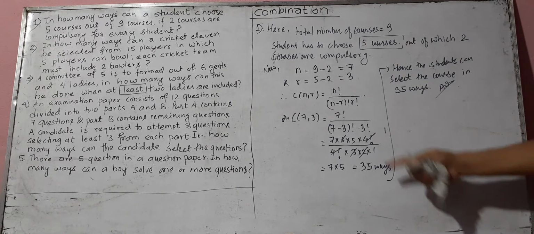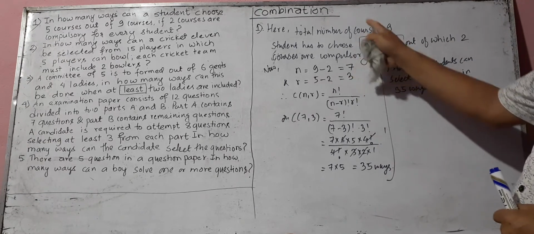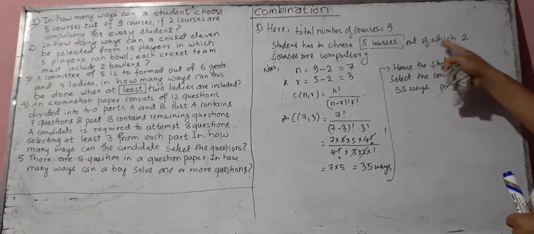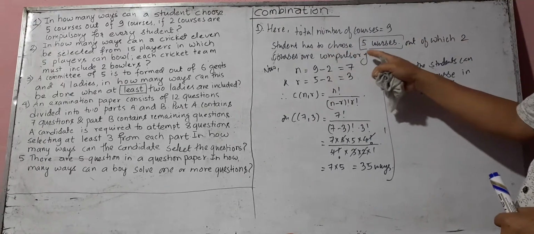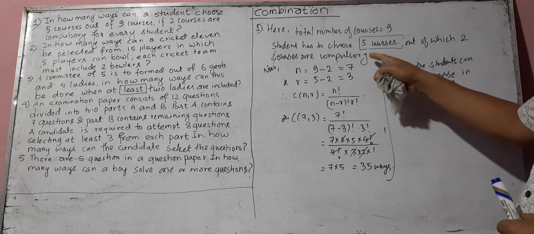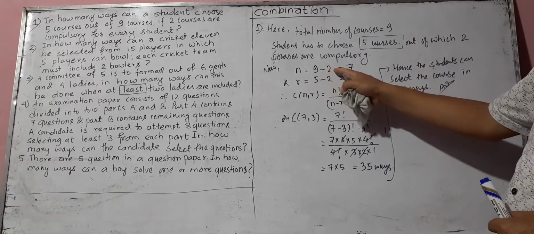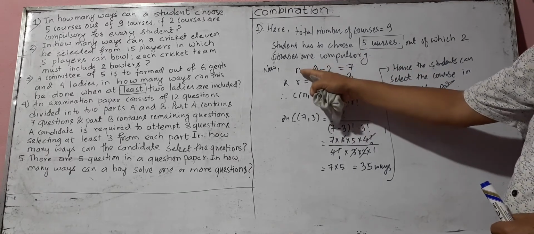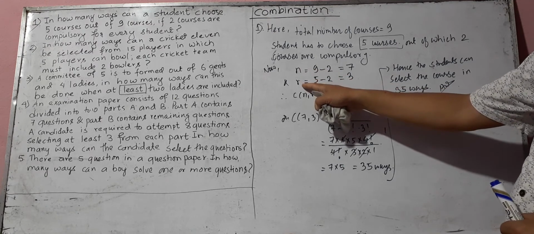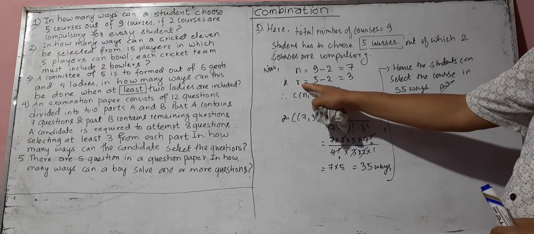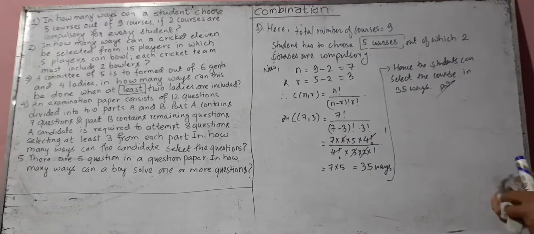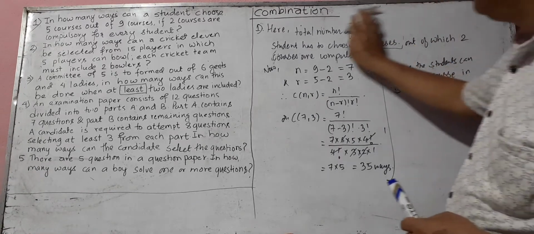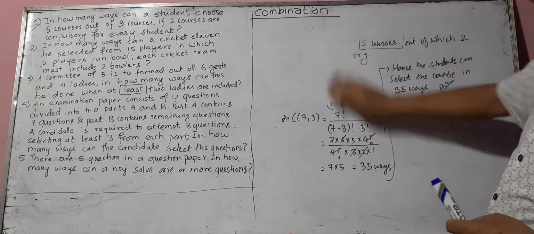Remember that of the 5 courses, 2 are compulsory, so we subtract that 2 from both the total and the number of courses to be selected. Okay, now we solve another question.